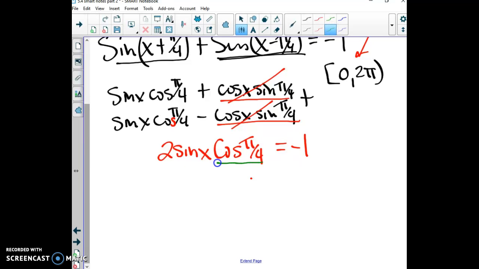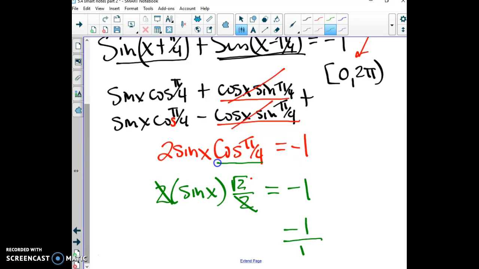Cosine of pi over 4 is square root of 2 over 2. And we have a 2 out front and a sine x in the middle. If we simplify to that -1, we're going to get -1 divided by the square root of 2, sine of x.